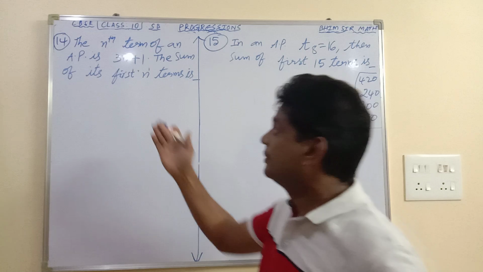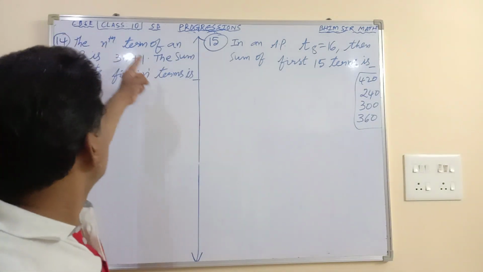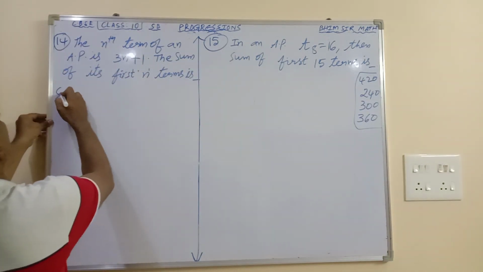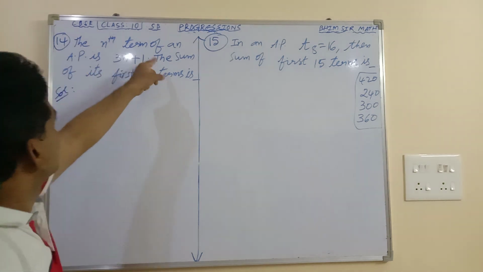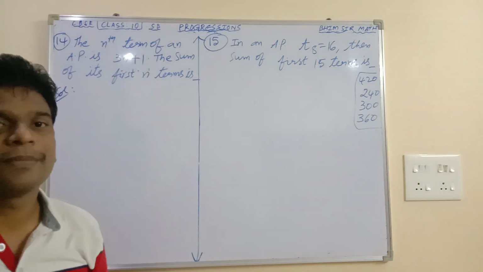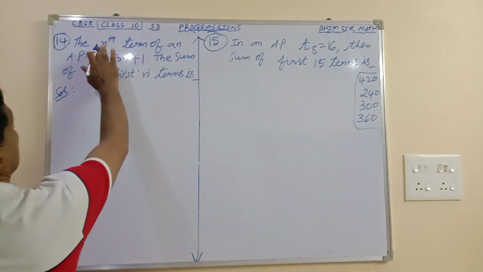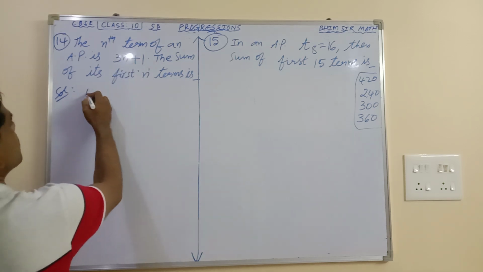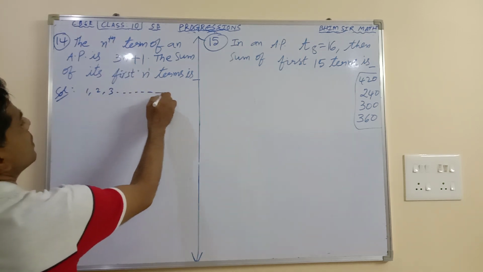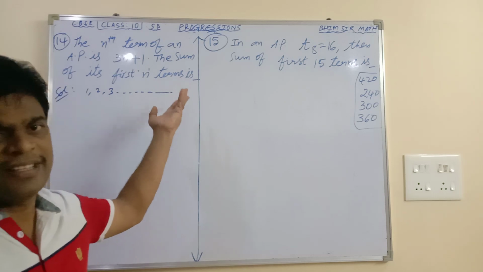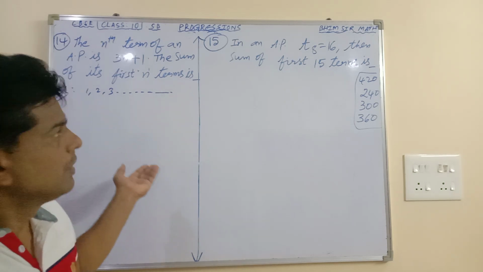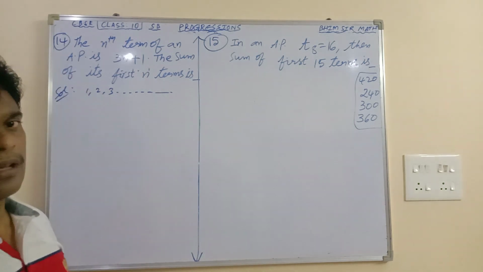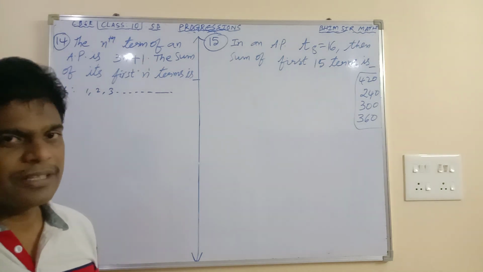Next question. The nth term of an AP is 3n plus 1. The sum of its first n terms is how much? The nth term means first term, second term, third term and so on. If n is 100, it means the 100th term. If n is 1000, that is the 1000th term.